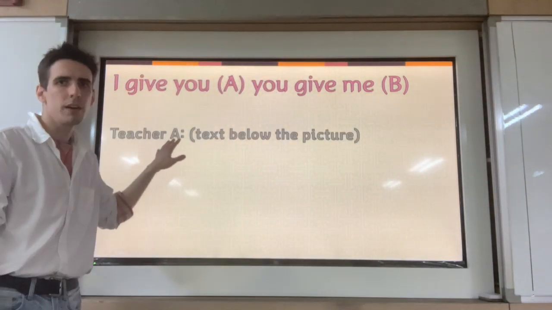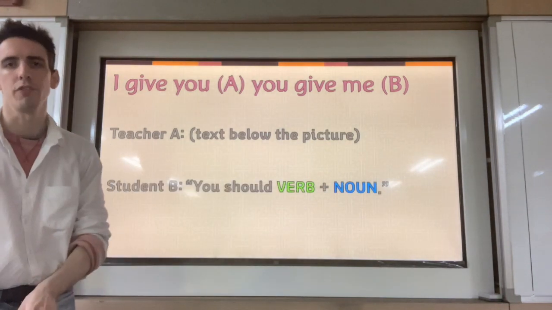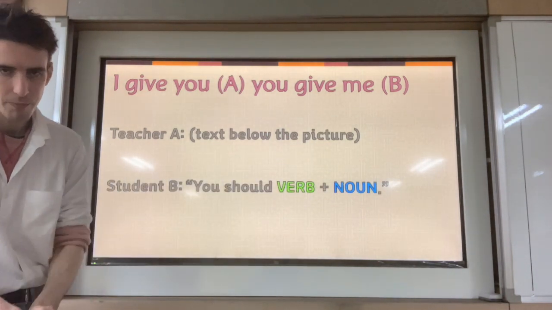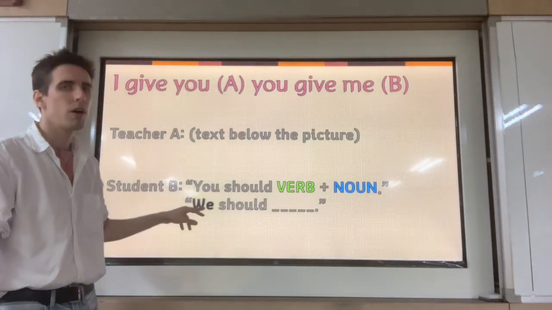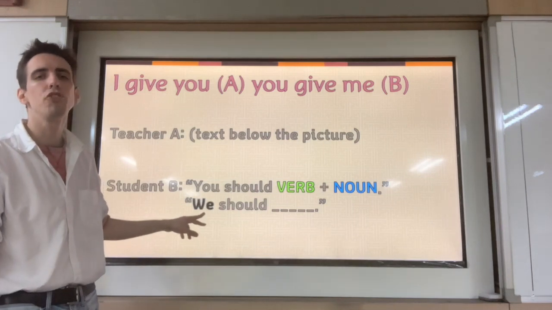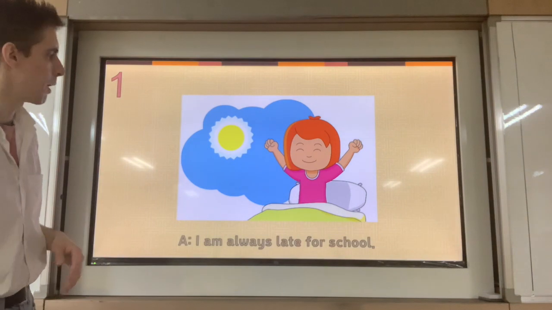I give you A, and then you're going to follow in with a you should verb noun phrase. Okay. Watch out for your pronouns. What should we do? We should blank. So let's do a couple of these.